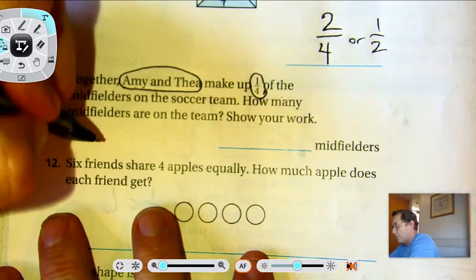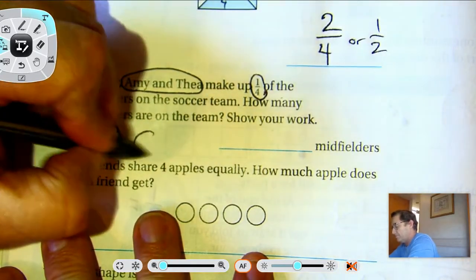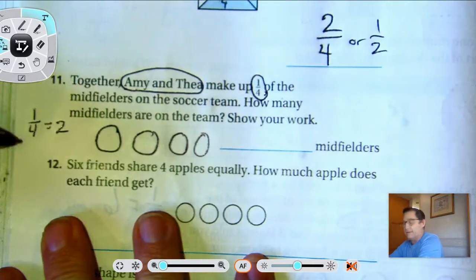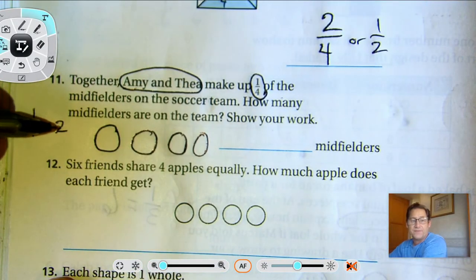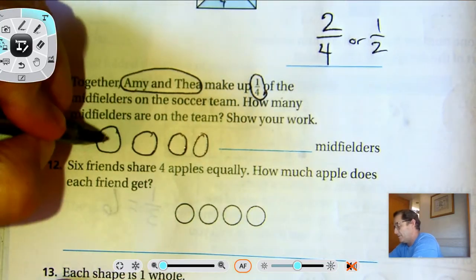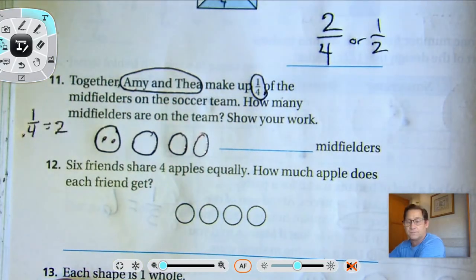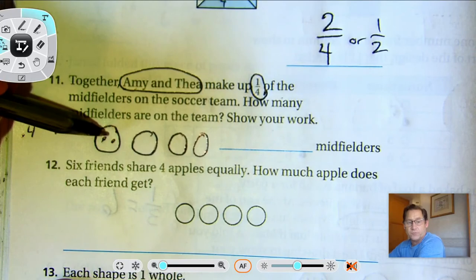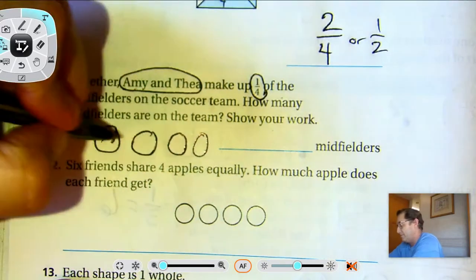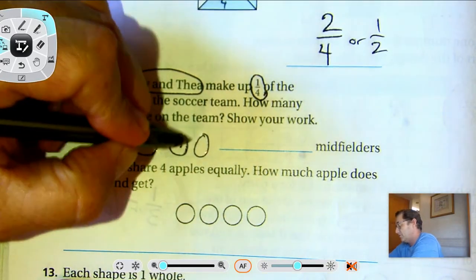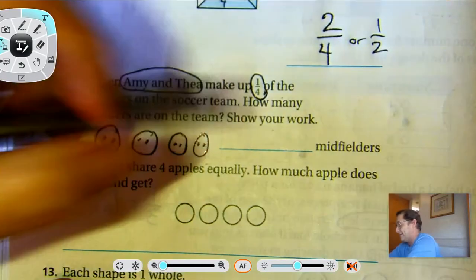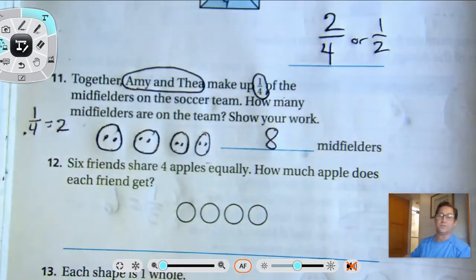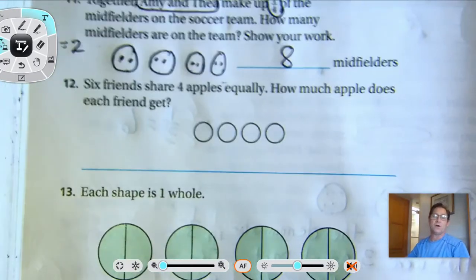Okay, so we know there's going to be 4 equal groups. That's what the denominator tells me. And Amy and Thea make up 1/4 of the group. So if they're 1/4 of the group, the rest are also equal to them. So put 2 in each group. And so how many do we have? We have 2, 4, 6, 8. 8 midfielders.